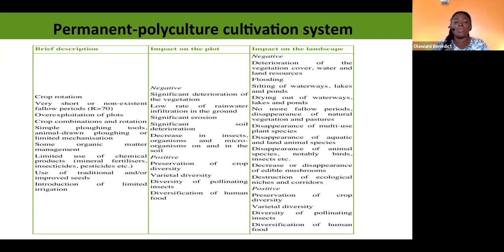And one thing about the permanent polyculture system is that there is also room for crop rotation, because even though you are planting trees, you can plant other crops inside among the trees. So you can plant trees and also have another section for other crops that are annual.